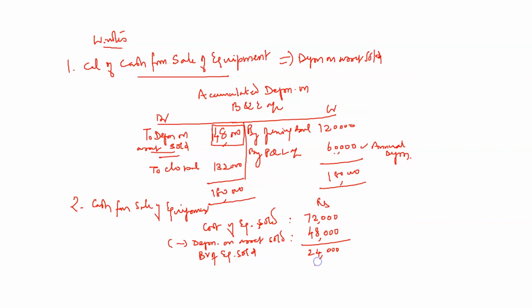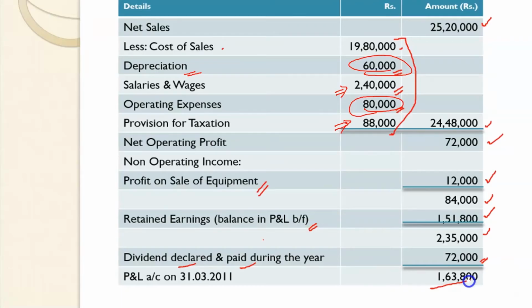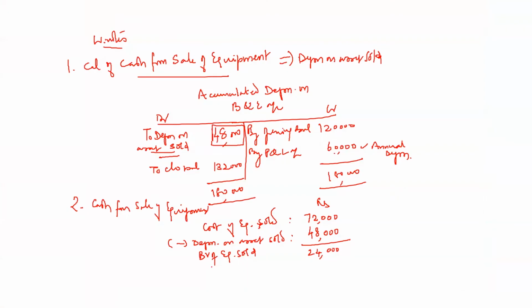But this was sold. How was this sold? It is given in the income statement that the equipment was sold at a profit of 12,000. So the profit should be added here. That means you must have sold at some price which made a profit of 12,000.